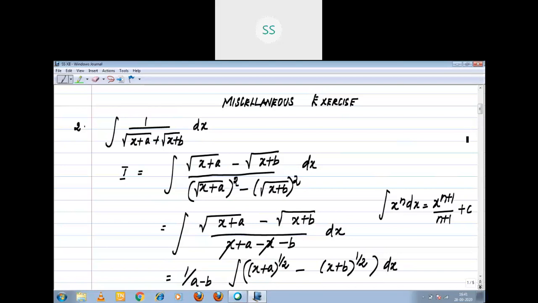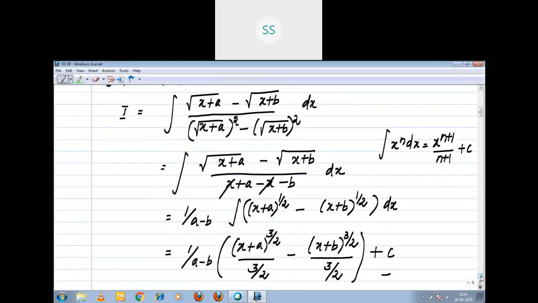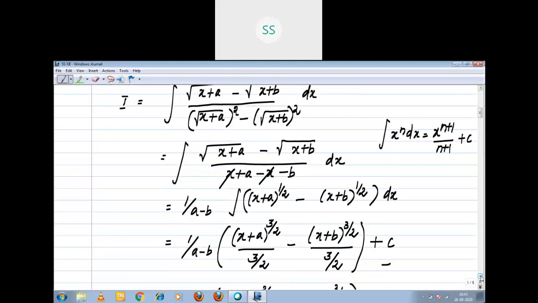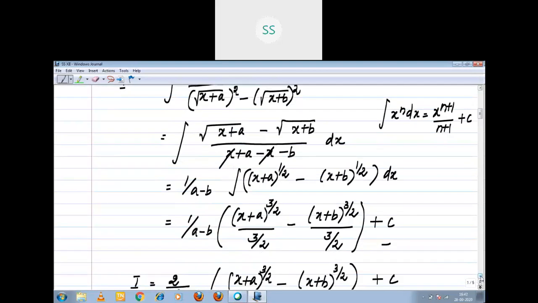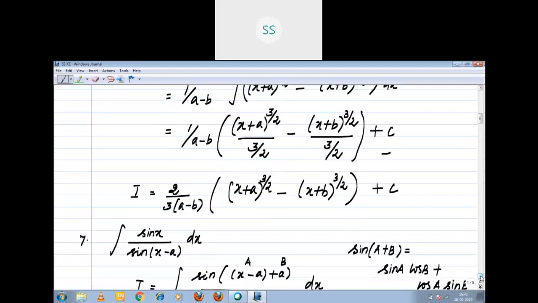X plus b means you should take x minus b. Then I arrive at the result as 1 by a minus b into x plus a the whole power 3 by 2 divided by 3 by 2 minus x plus b the whole power 3 by 2 divided by 3 by 2 plus c. It is an indefinite integral, so you have to add arbitrary constant.